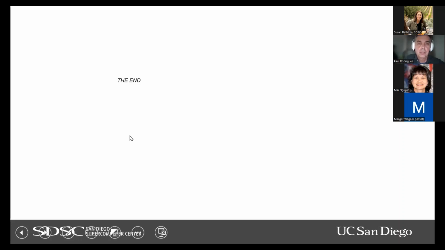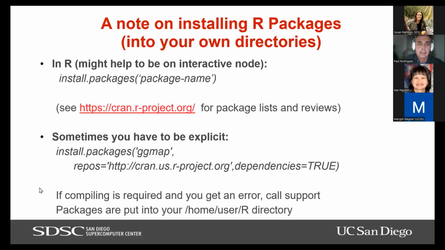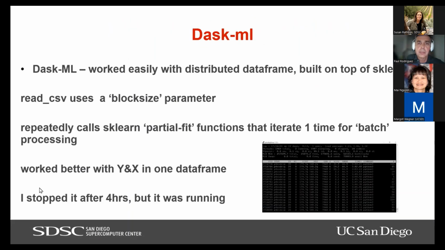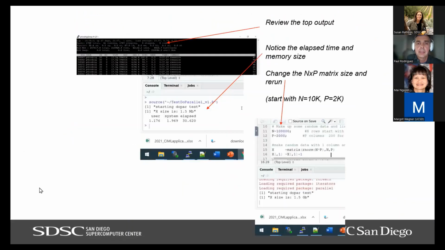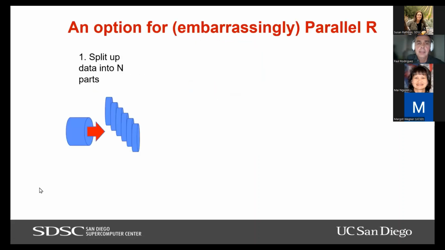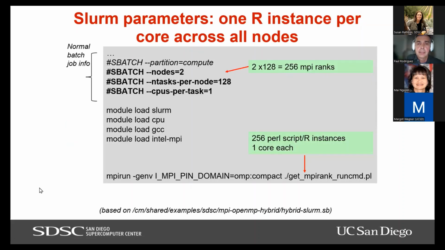I'm going to just make a couple final notes. In the GitHub repo, I have the examples if you want to do embarrassingly parallel R. And remember, if you want to do something embarrassingly parallel in R, the same example could be used if you wanted to do it instead with Python, or any particular program.